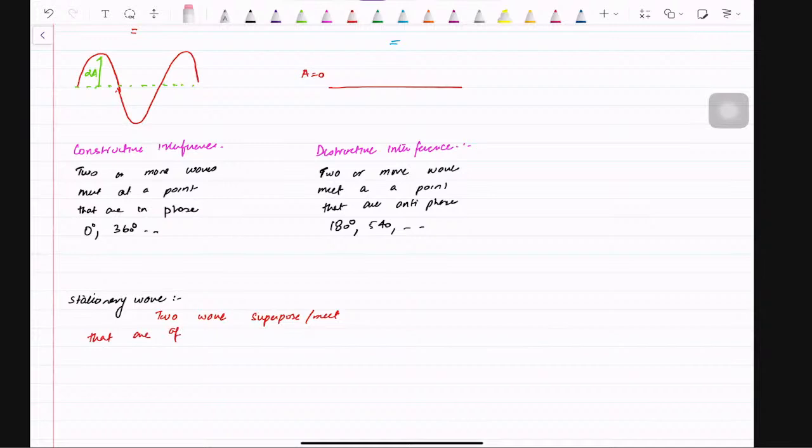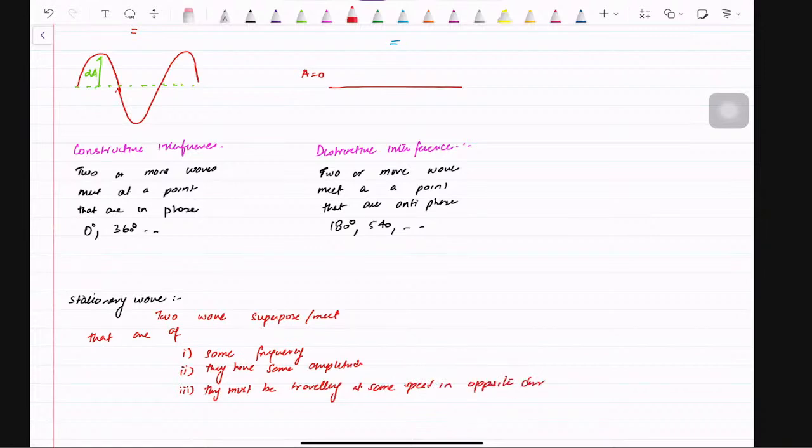One, they must have the same frequency, they have the same amplitude, and they must be traveling at the same speed in opposite directions. All right. Yes.